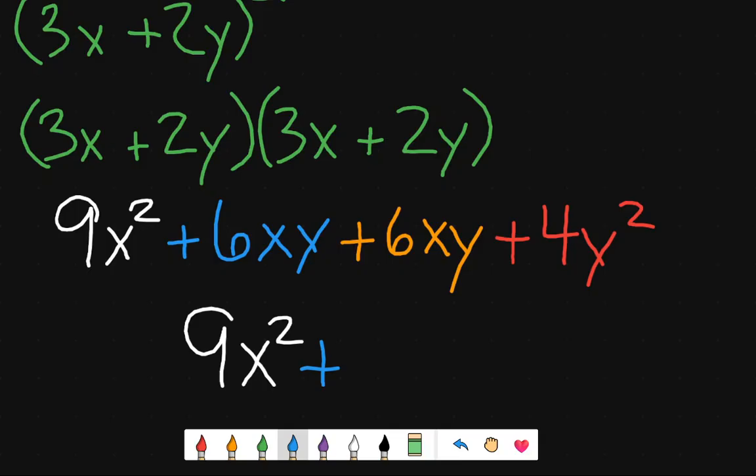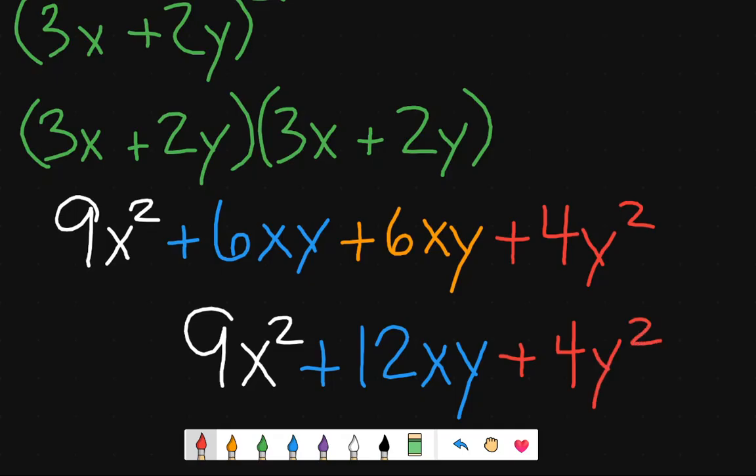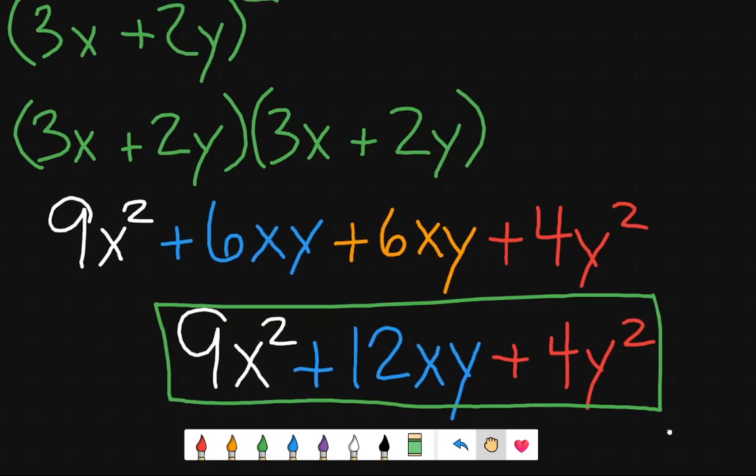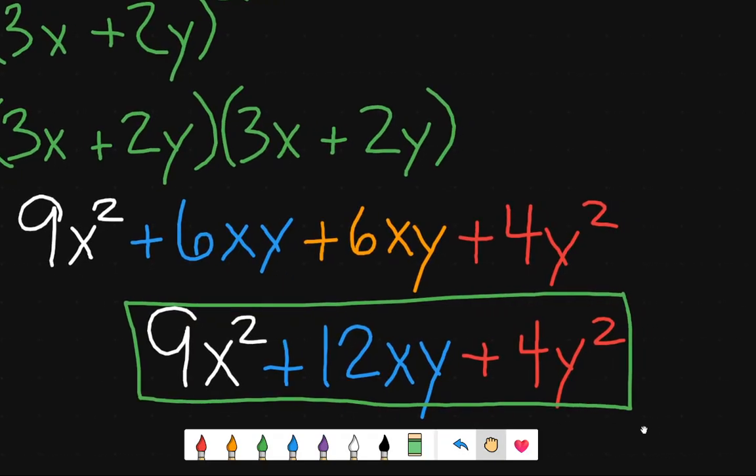So 12xy. And then we just bring our positive 4y squared. Of course, there's nothing that we can add or subtract to it or from it. So this is the final answer for our final binomial when we multiply them.